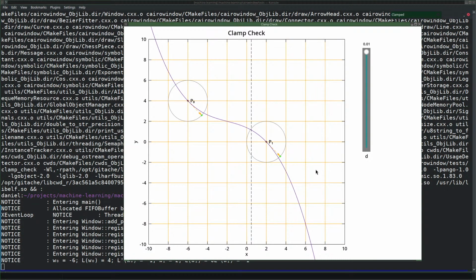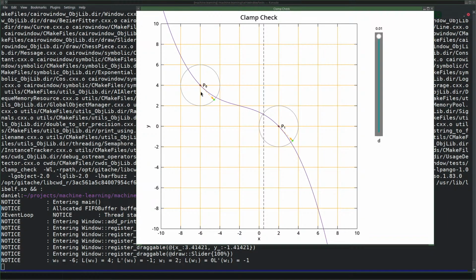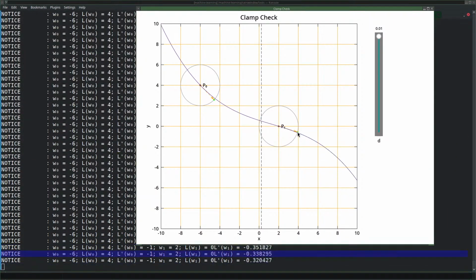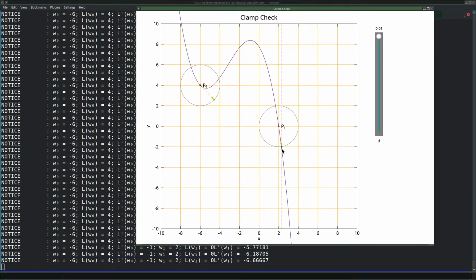Nope, not at all. Why is it drawing a line to begin with? W should be negative here. At least, you know, we don't have a minimum. What the hell?